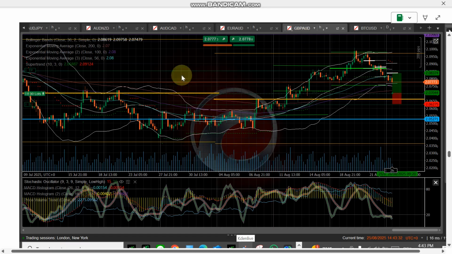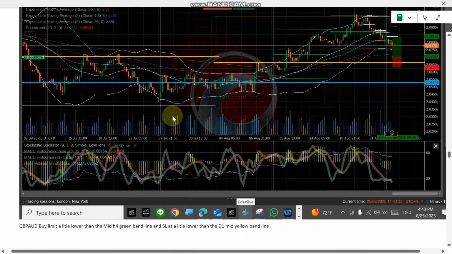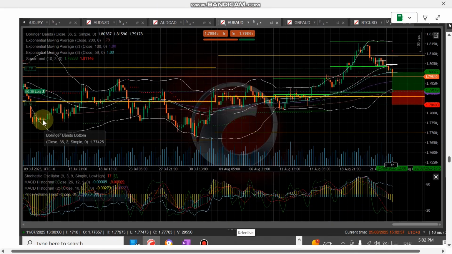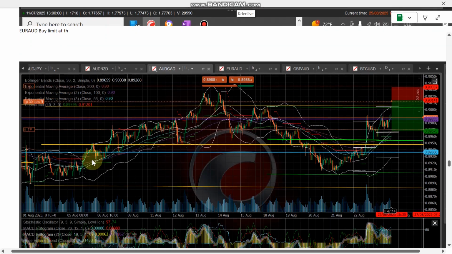Anyway, the next one, GBP Aussie, I put buy limit here because it's supposed to come down and pick me up. I thought I explained that already. So anyway, Euro Aussie, sell limit, buy limit, waiting, okay.